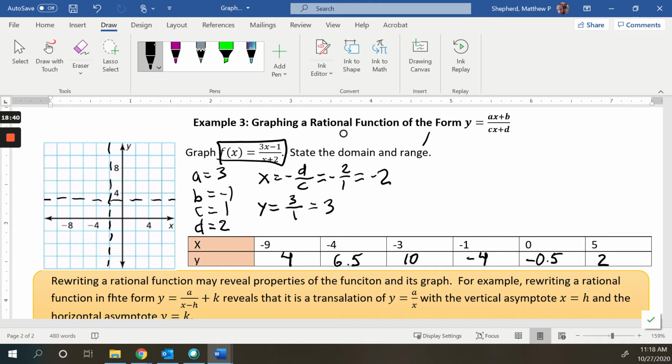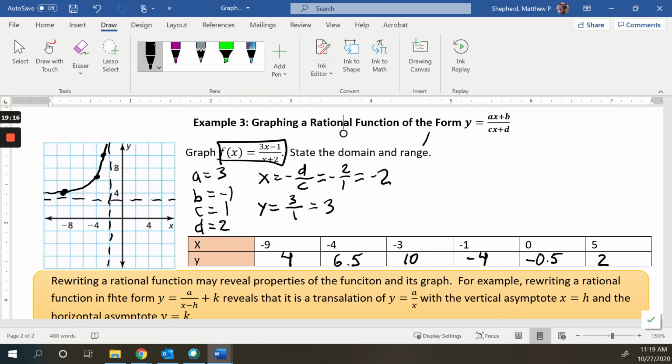All right, so at negative 9, we should be up at 4. At negative 4, up at 6.5. Okay, at negative 3, we would be up at 10. All right, so that right there helps me a good amount to know what shape I'm creating.